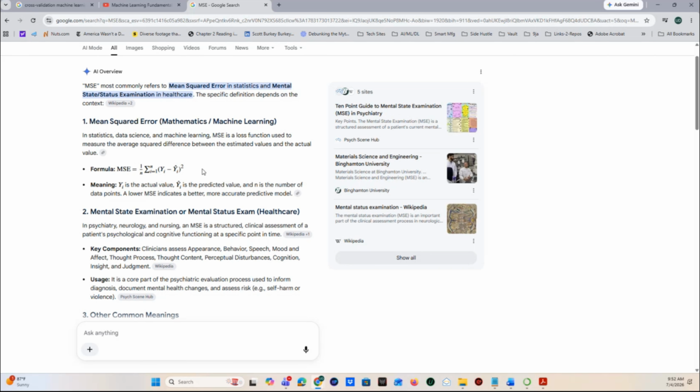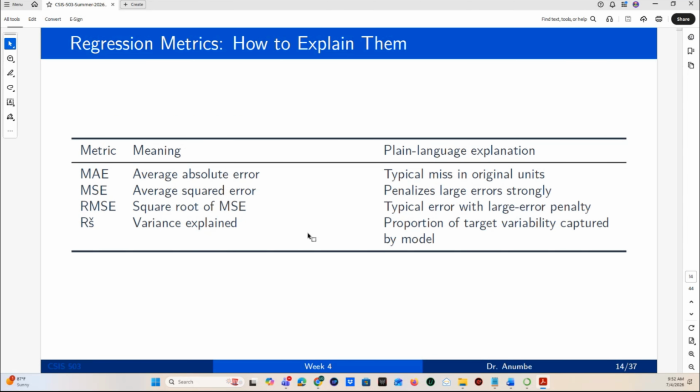Square of 2 is still going to give you 4, but the square of 100 is going to give you something like 10,000, right? So MSE is used when you want to amplify an error so that you can see the areas where the error is so large. That's what MSE is very good at. That's why here it says it penalizes large errors strongly, so it helps you figure out where the large errors are.